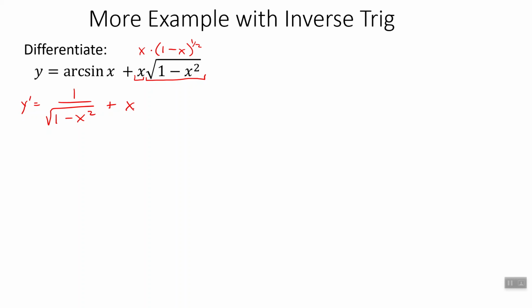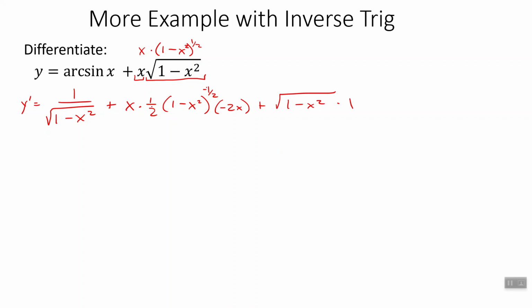So it's first times derivative of the second, 1/2, 1 minus x squared to the 1/2, or sorry, to the negative 1/2, because we subtracted 1, times derivative of the inside, plus the second, times derivative of the first, which is just 1.